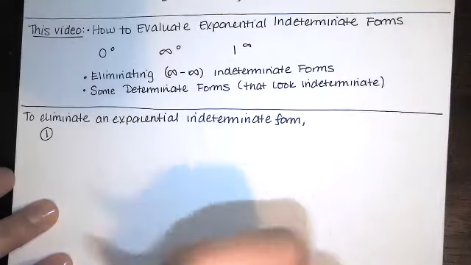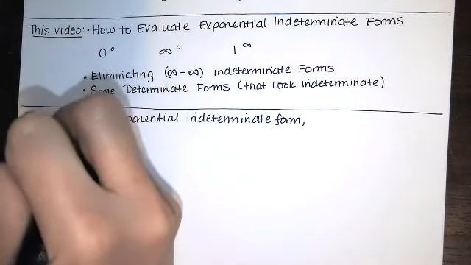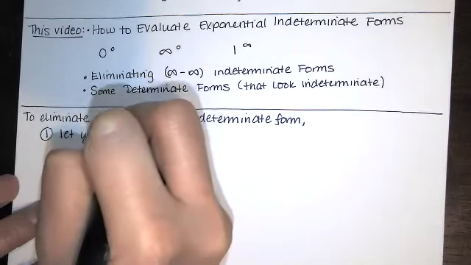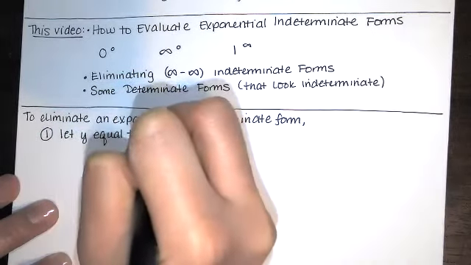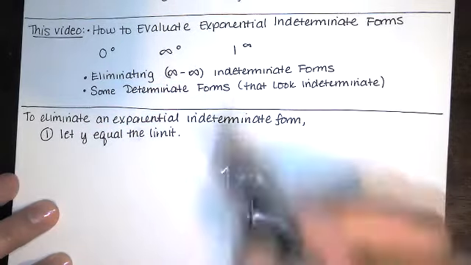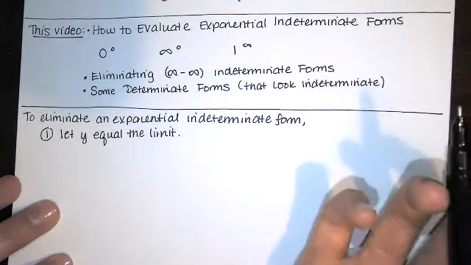I always let y equal the limit. So we have a given limit that we're trying to find. It's one of these exponential types. So we let y equal the limit.